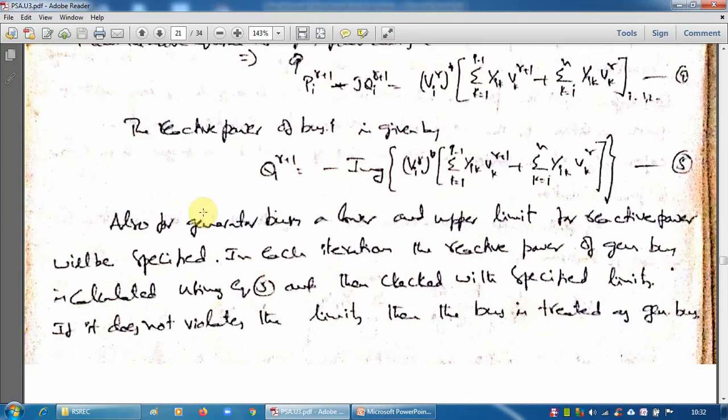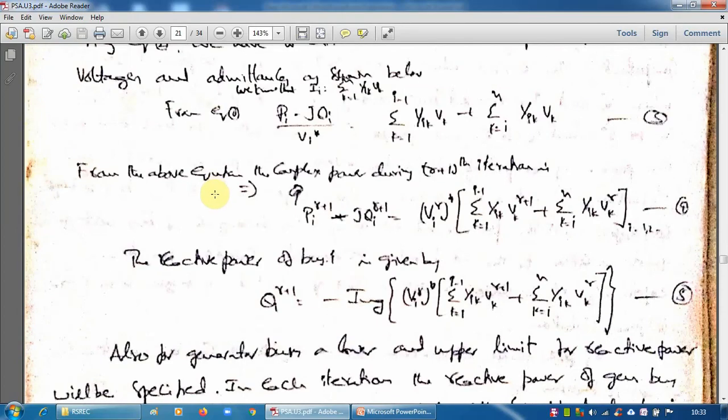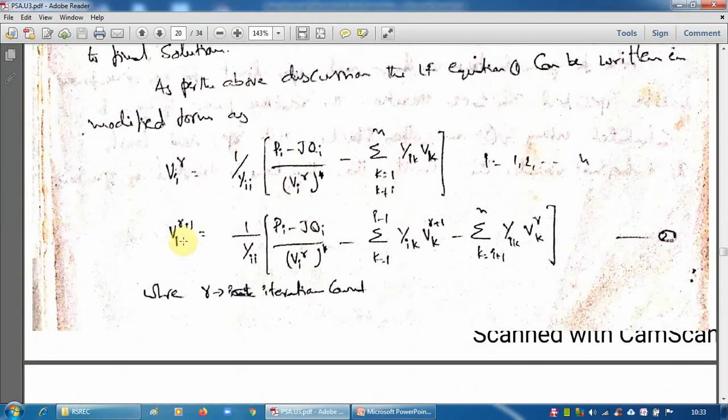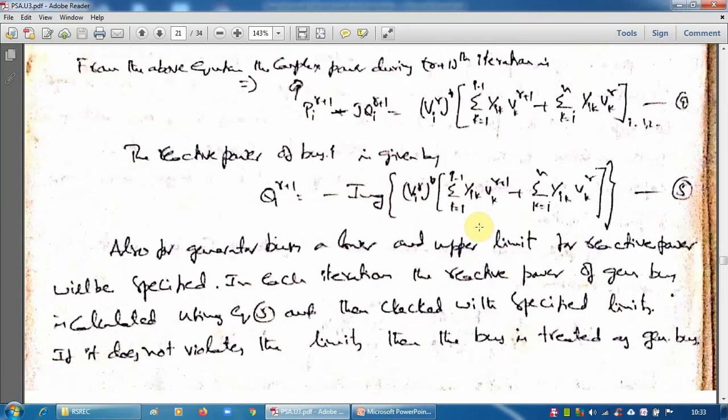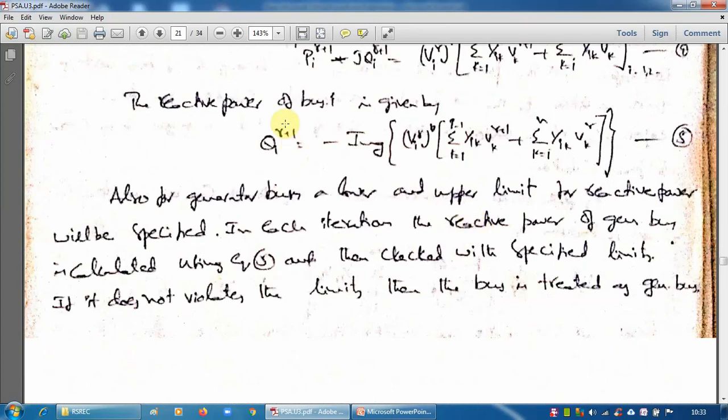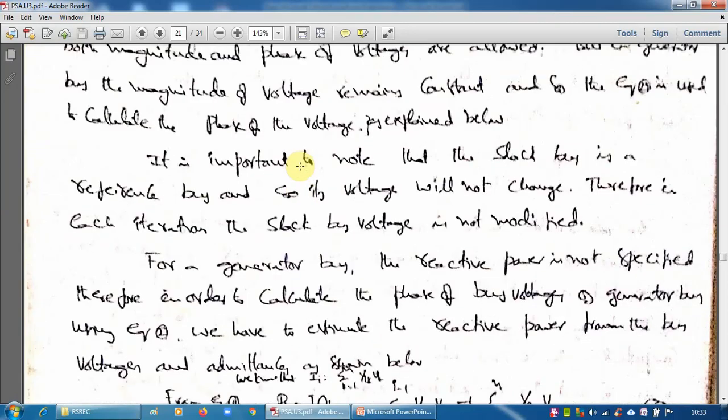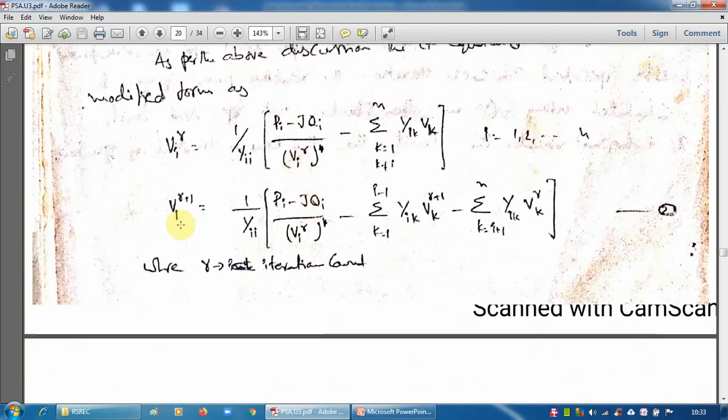So like that we have to proceed. In the iterative process of the Gauss-Seidel method, take each bus. If it is a load bus, calculate V and delta by making use of this expression, and if it is a generator bus, first calculate Q, substitute the Q value here, and calculate delta.